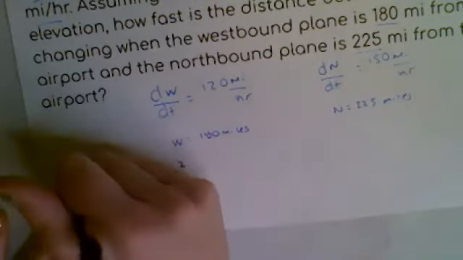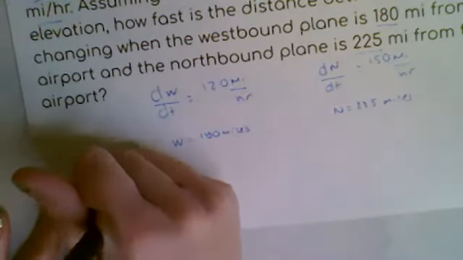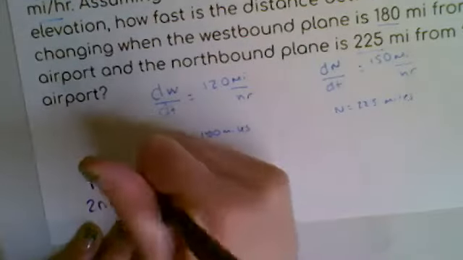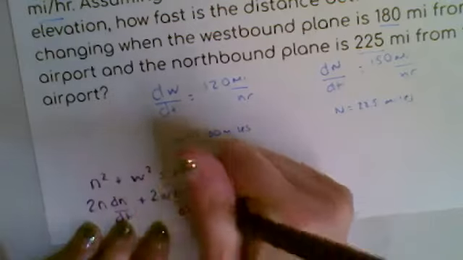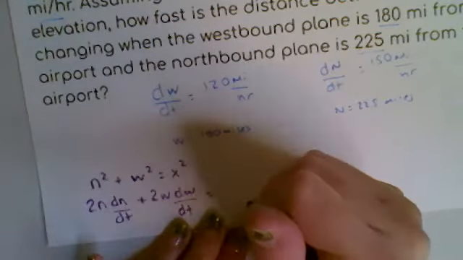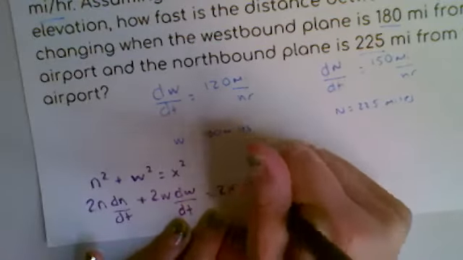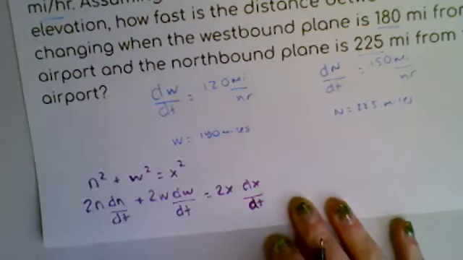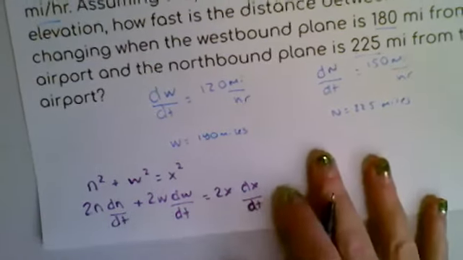So the derivative of n squared is going to be 2n dn/dt, plus the derivative of west is going to be 2w dw/dt. And then my derivative of x is going to be 2x dx/dt.